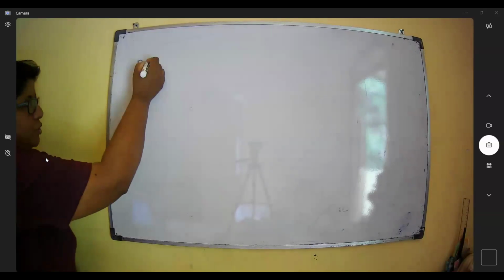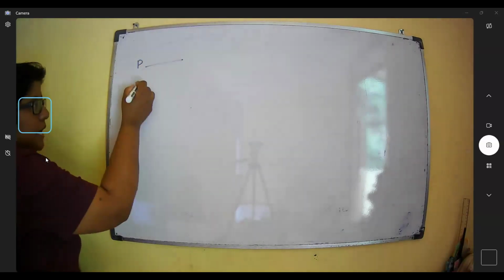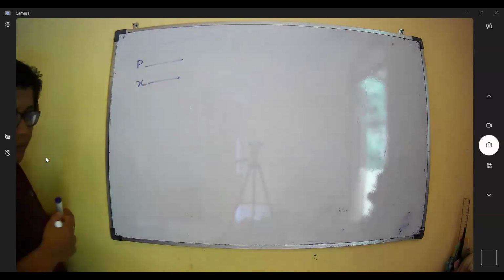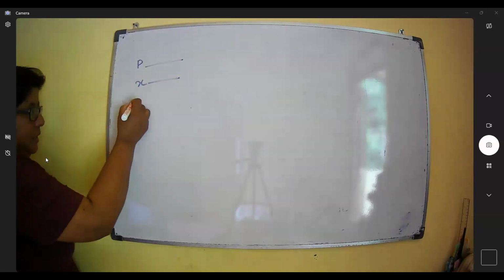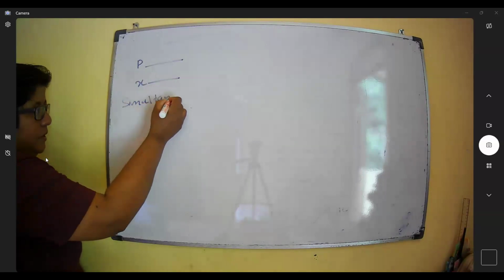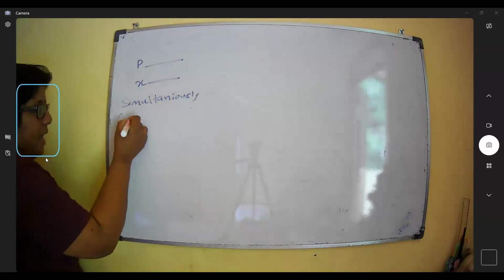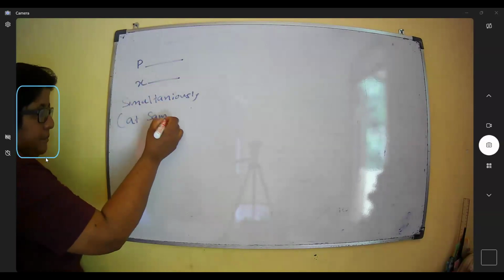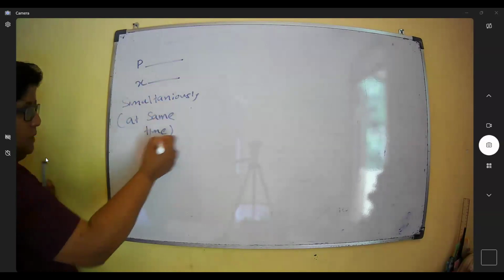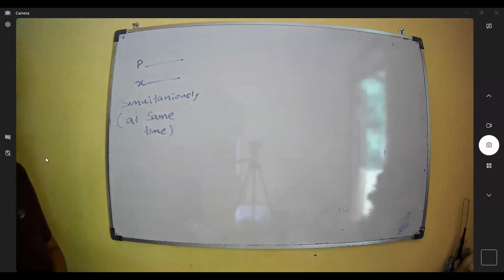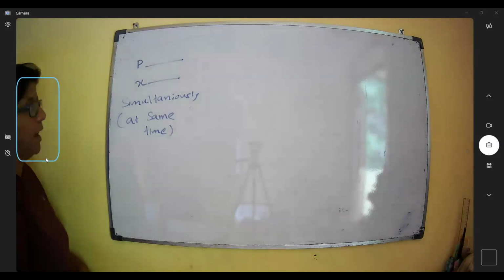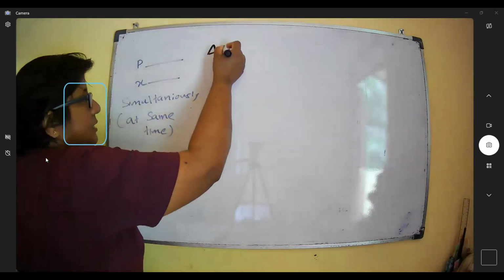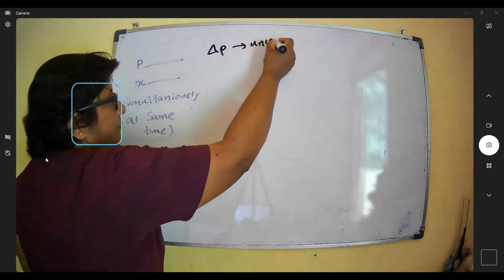I think you remember about the momentum error and position error. We measure position and momentum simultaneously, at the same time, I'm measuring x and p. Then the error can happen, uncertainty can happen. Then delta p is the uncertainty of the momentum.